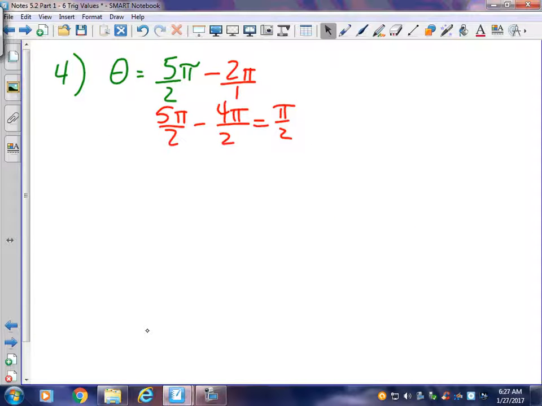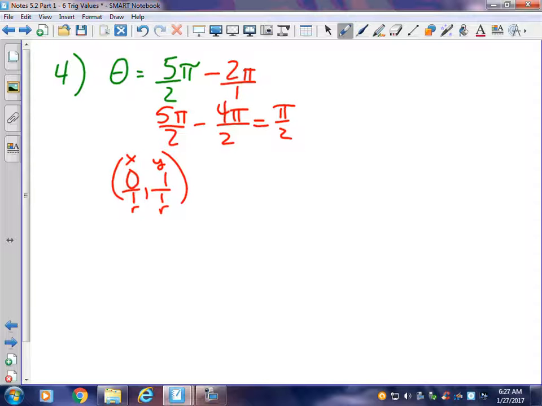Alright, so we have our point 0, 1. Now I need to make these fractions by putting 1s under them, because in this case 0 is x and y is 1 and the r would be 1. And that's why I can't draw the picture.